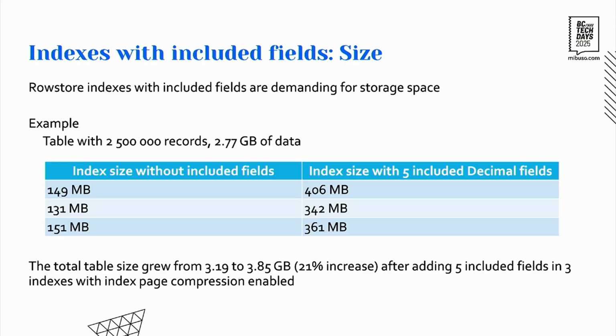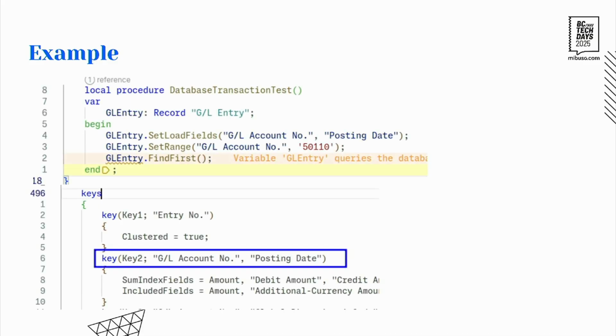And this can be quite expensive. We know that storage space is not really cheap in SaaS, in Business Central. So this is something we need to take into account. Covering indexes can be a really good performance booster, but they require some space. I need to keep an eye on it. Okay, now let's see an example for a covering index.